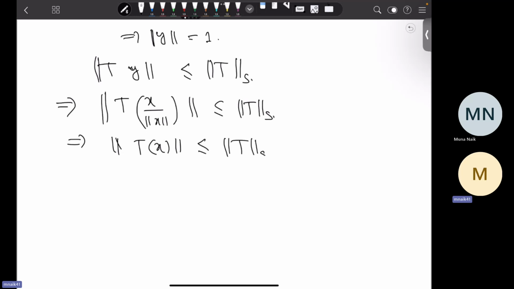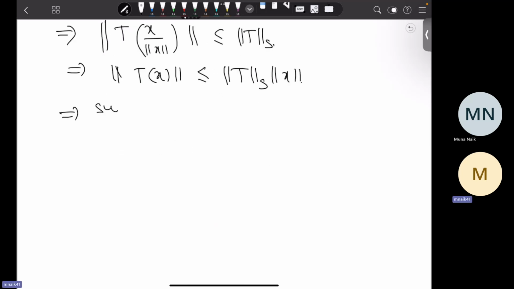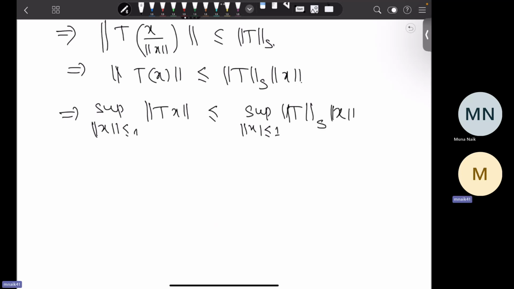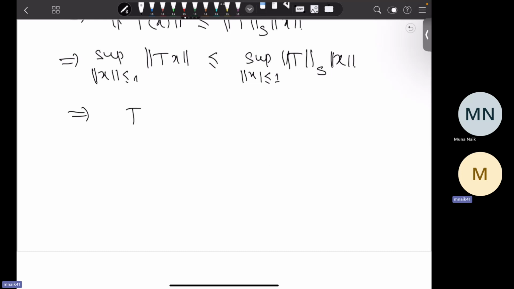So the norm of Tx is less than or equal to norm of Ts into norm x. Taking the supremum over norm x less than or equal to 1, the left hand side is nothing but the norm of Tb.